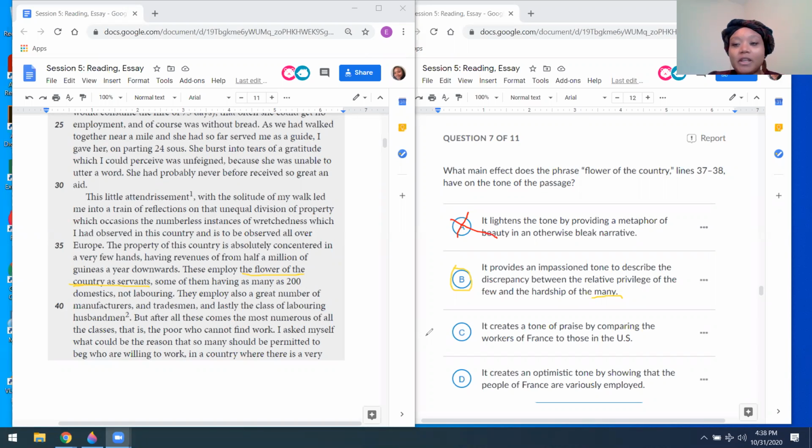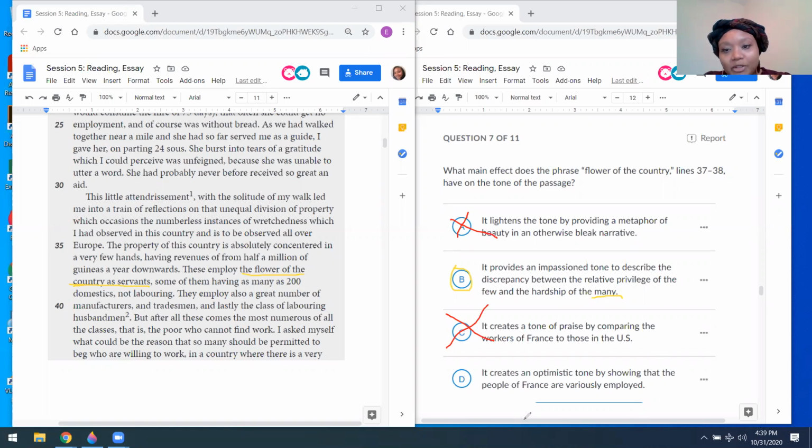That's a vague way of me saying what I mean to say, but yes, all countries have a flag, and different countries have flowers or a national plant or something, and it's supposed to be unique to that country, and it's supposed to be one of the things that the country holds dear. So C, it creates a tone of praise by comparing the workers of France to those in the US. That doesn't mention a comparison at all.